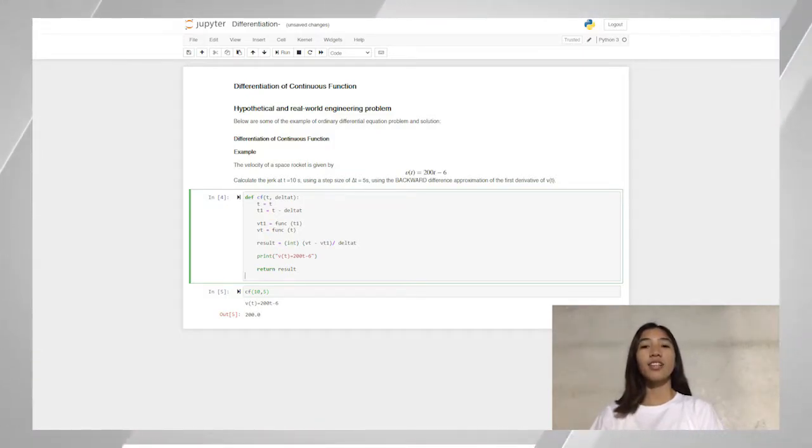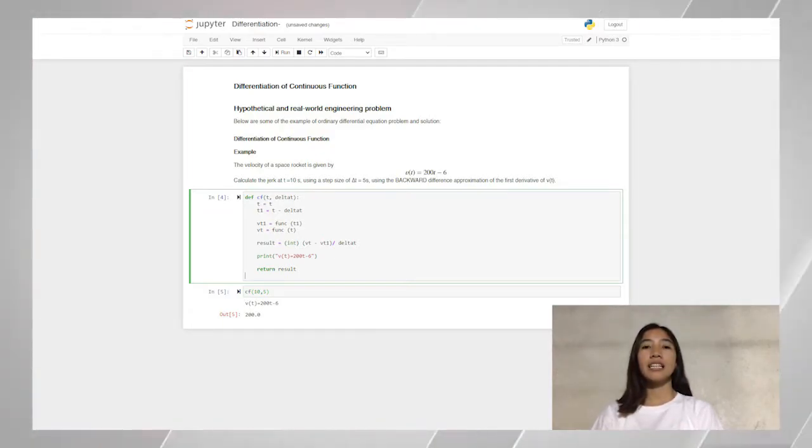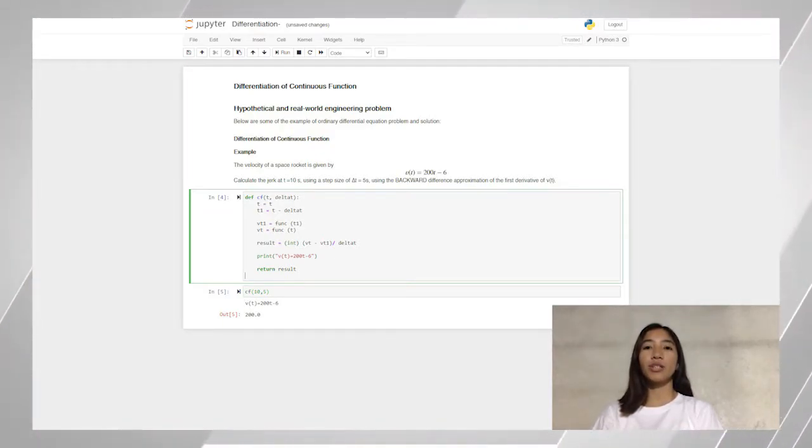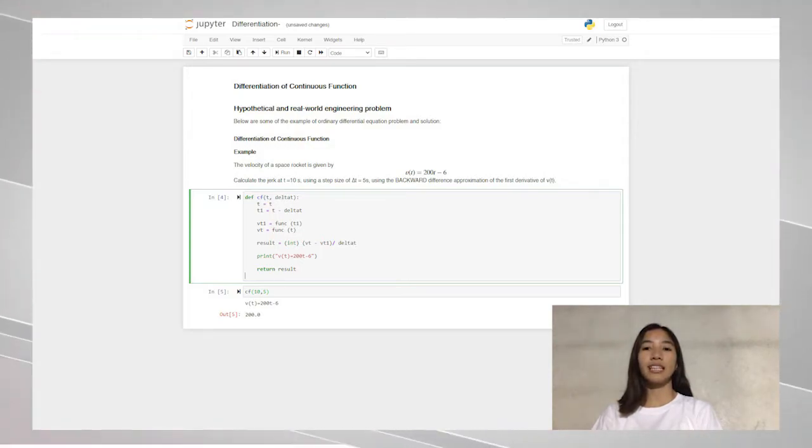In the second, third, fourth, and fifth line, we assign values to other variables we created. Variable t is equal to t, t1 is equal to t minus delta t, vt1 is equal to function t1, and vt is equal to function t.